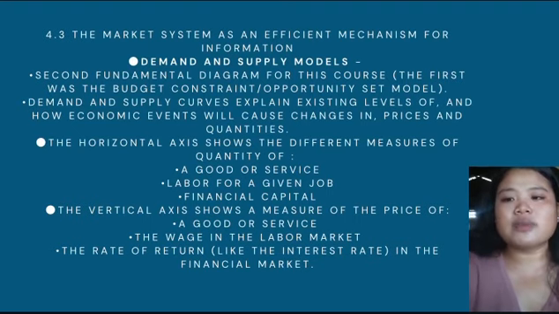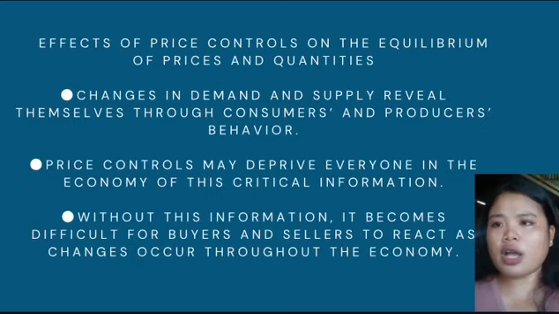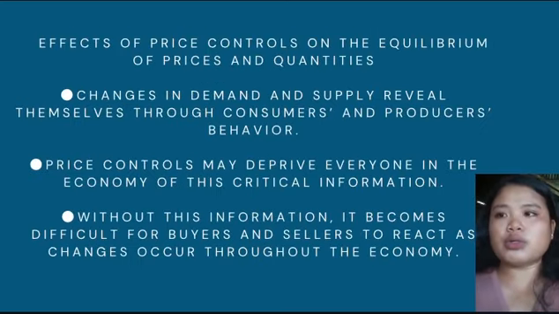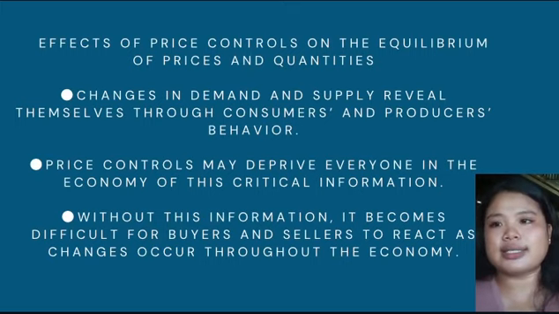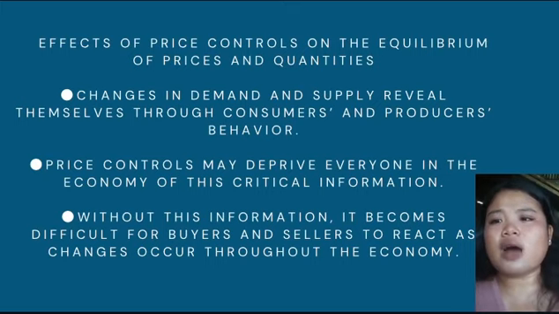Demand and supply curves explain existing levels of price and quantity, and how economic events will cause changes in the price and quantity. Changes in demand and supply levels change the levels themselves through economic consumer and producer behavior. The main idea is how supply and demand affect consumers through price changes.